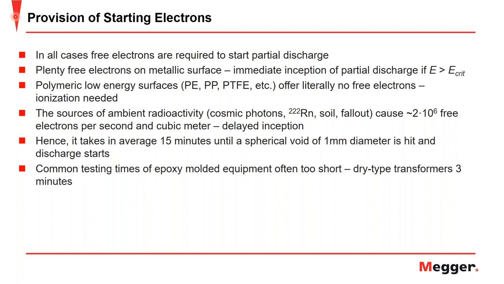So it's recommended that longer test periods, at least 15 minutes or greater, be used on epoxy molded equipment to overcome problems that would be missed because these internal defects have not yet started discharging. For instance, a dry type transformer testing period is 3 minutes, which is only 1/5 of the statistical 15 minutes it would take for the spherical void of 1 millimeter to start discharge.